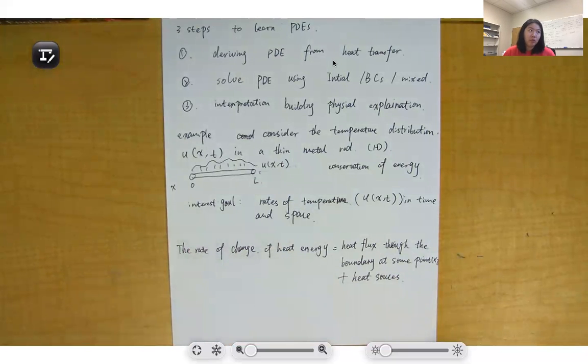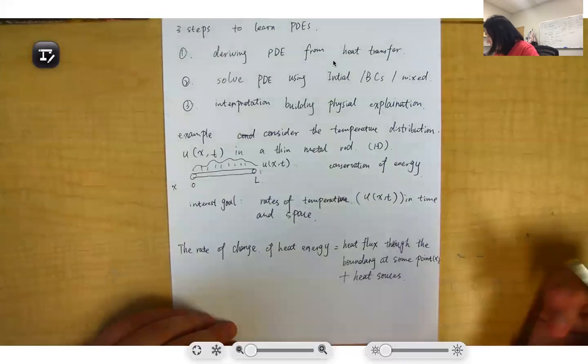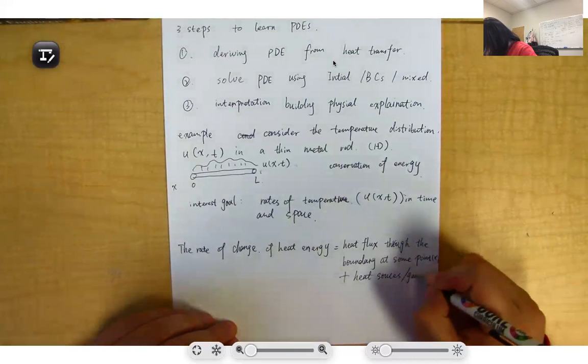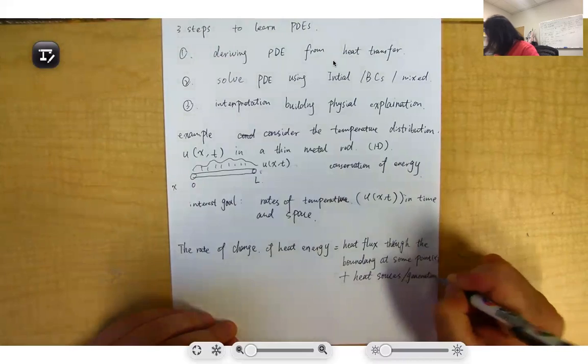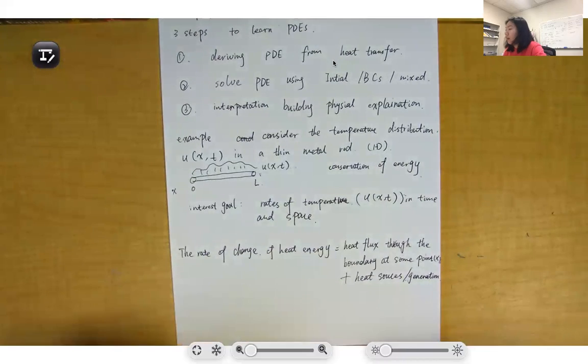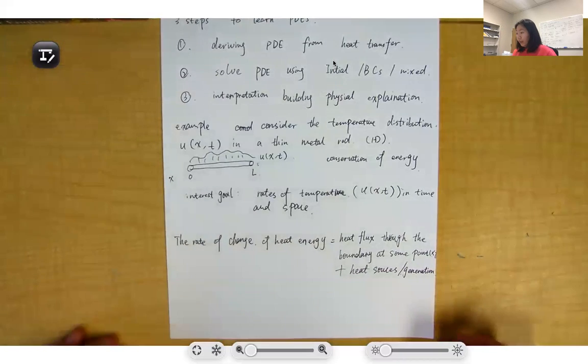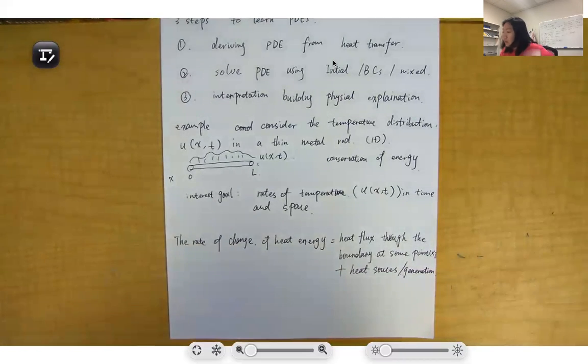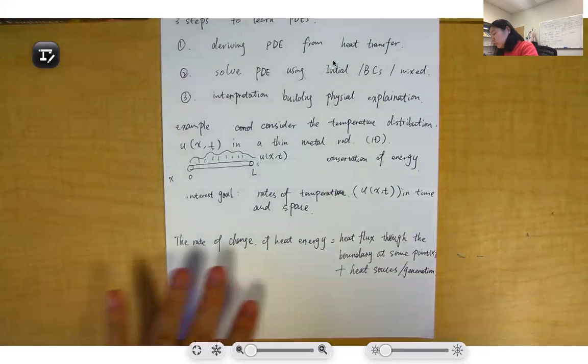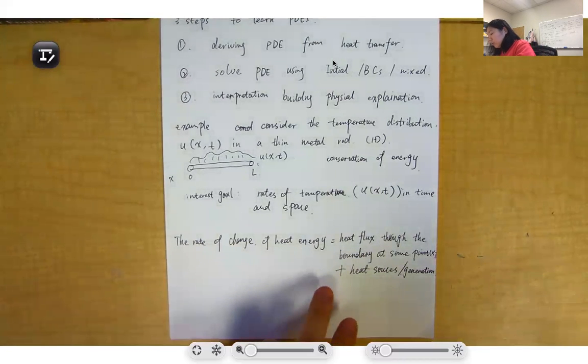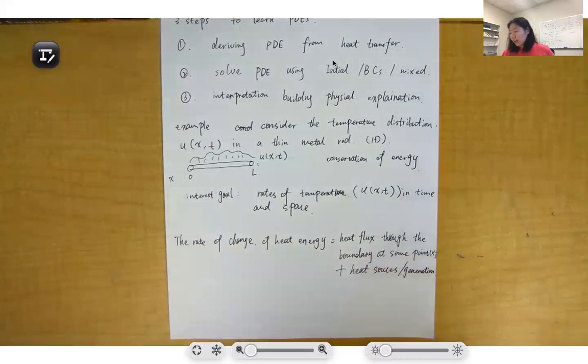It can be from magnetic heating, etc. So that is the heat source, or you can also say heat generation, either from chemical reactions or electromagnetic-driven heat generation. So the rate of change of heat energy equals the heat flux through the boundary at some point x plus the heat source or heat generation.